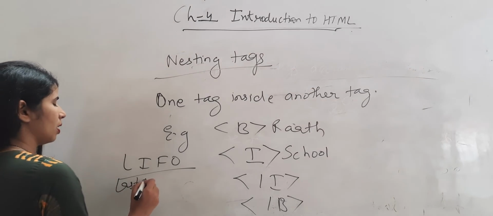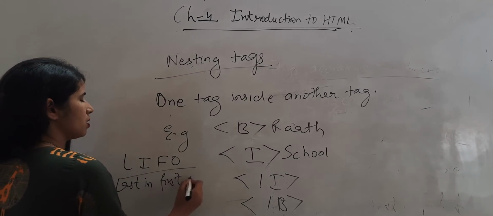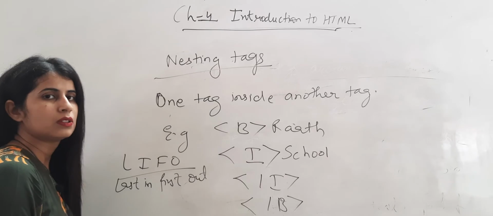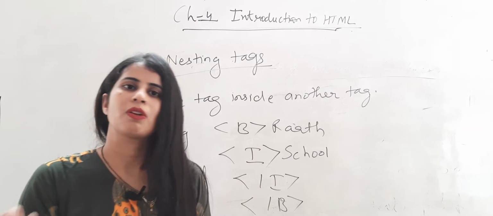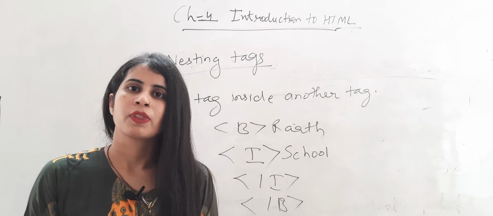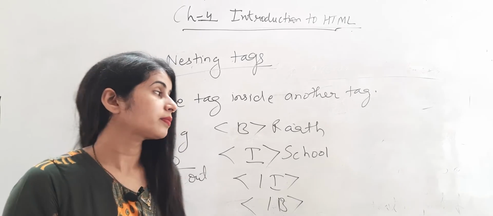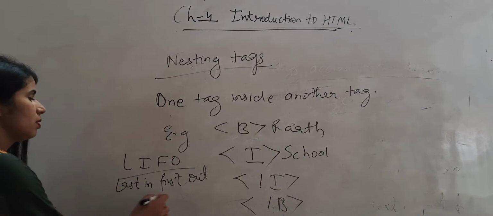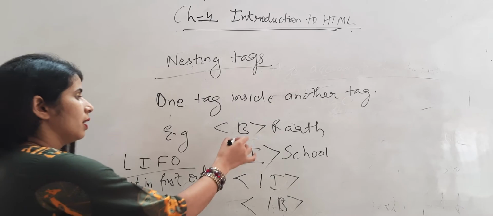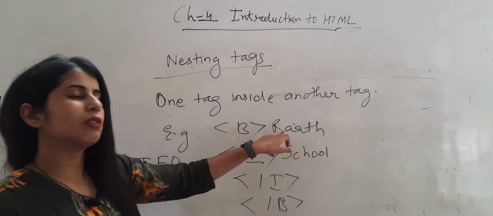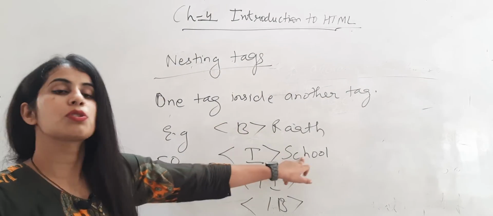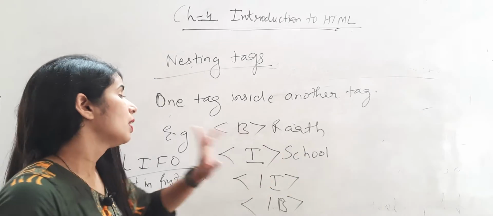Last in, first out. Last in, first out means whatever comes last will go first. Okay? So here I applied the B tag on rat. Then the I tag on school. So what will happen there?